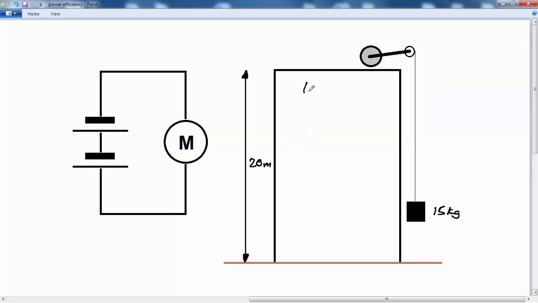So we'll write that T, time taken to lift the weight, is 60 seconds. And what we want to calculate is the efficiency of the motor as it does that job.